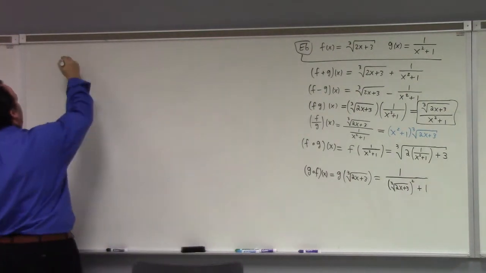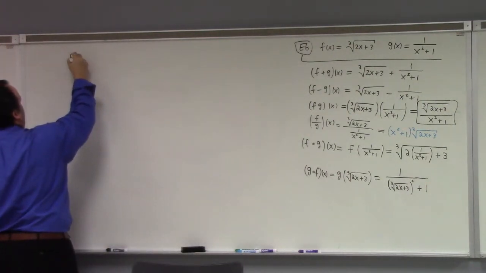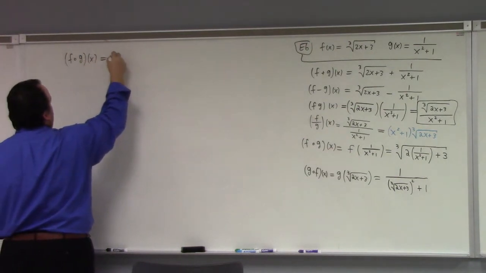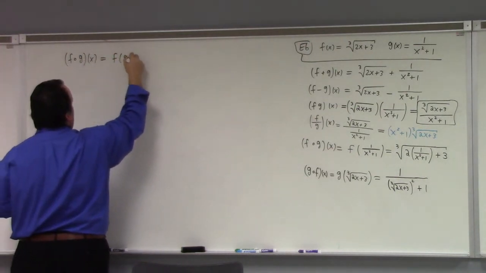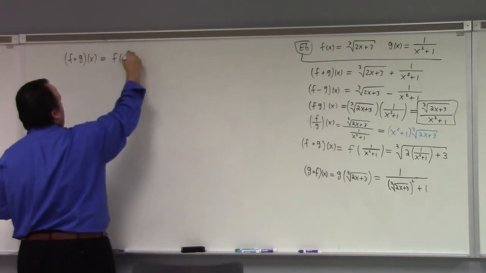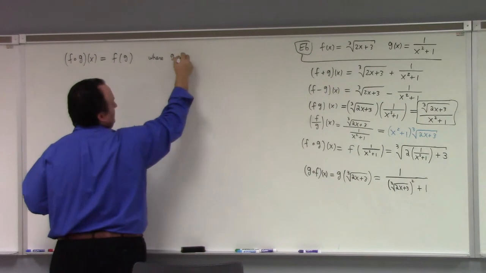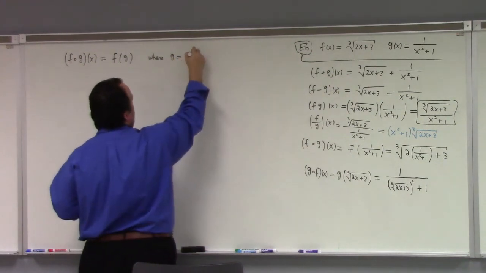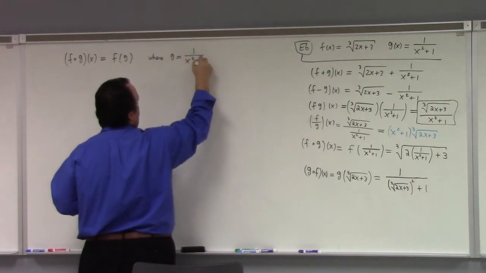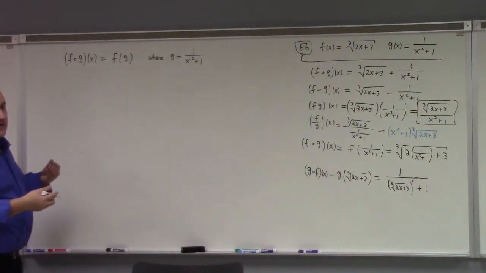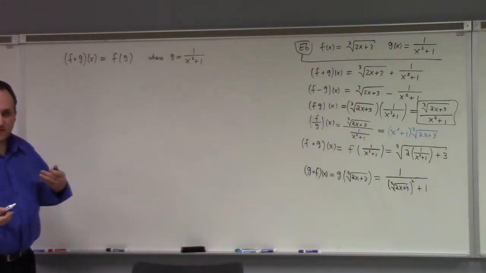So like f composed with g of x. How can we do that? f composed with g of x, I can think of as, well, it is f of g of x, right? So I can just think of it as f of g, where g equals, in this case, 1 over x squared plus 1, right? What would f of g be? f of g would just be, put g in the place of x.